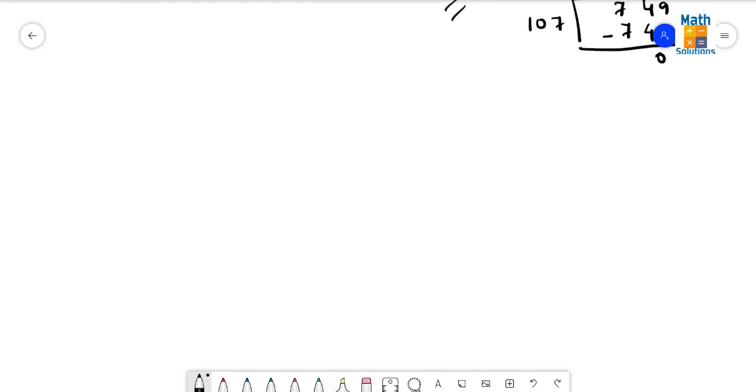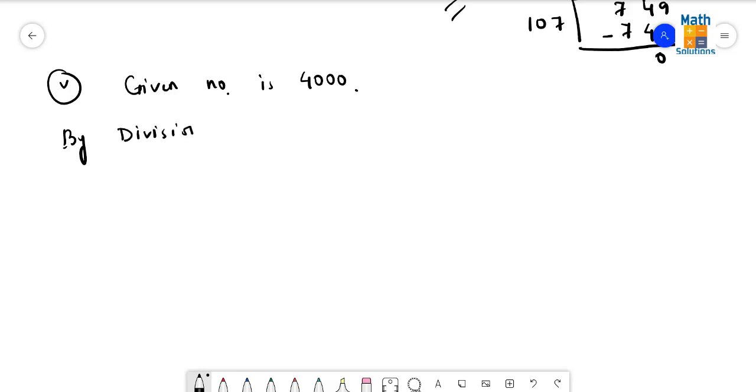Next, I shall be picking up another number, that is Roman 5. The number given is 4000. Given number is 4000 by division method.